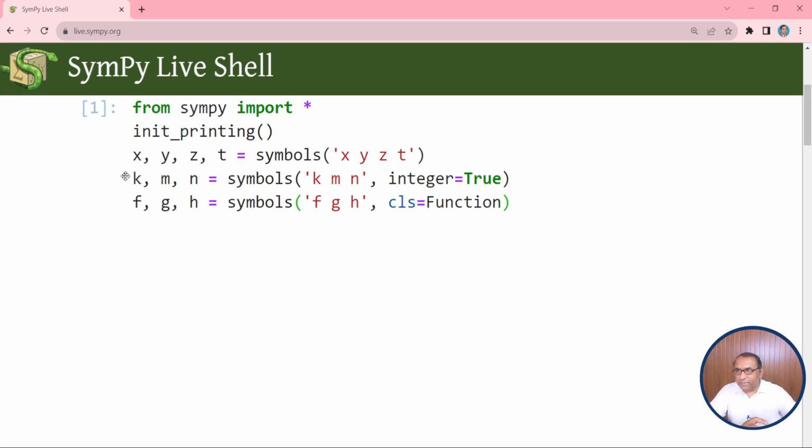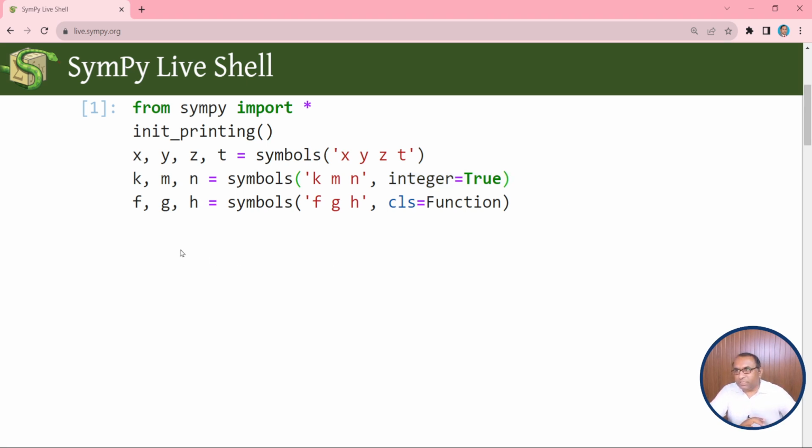As you can see here, k, m, n is equal to symbols, and in the quotes there will be a space between these integers, k space m space n, and you make integer equal to True. So these integers will be declared.